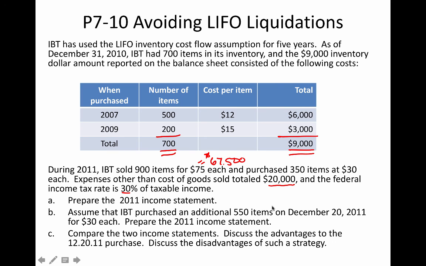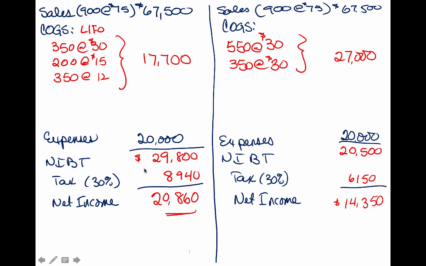So we're going to look at two income statements. The first income statement says I'm going to sell 900 units. And if we sell 900 units at $75, that sales is $67,500. How do I get cost of goods sold? Well, last in, first out. We bought 350 units this year at $30.